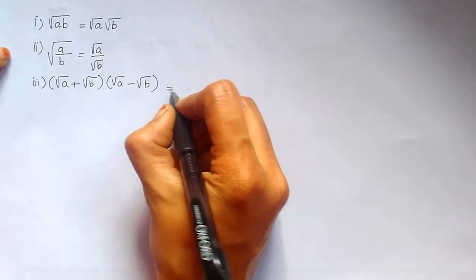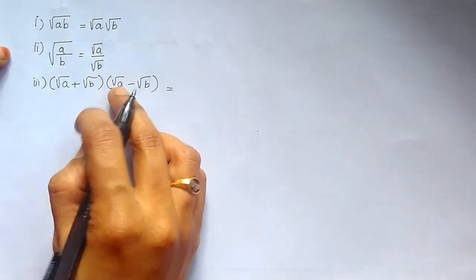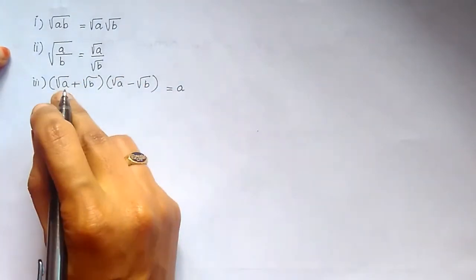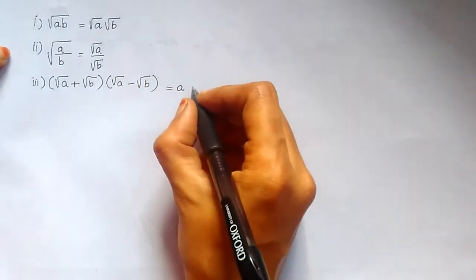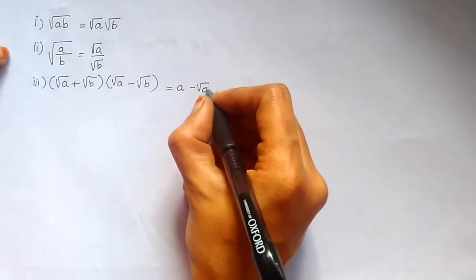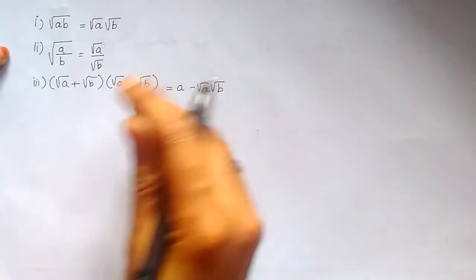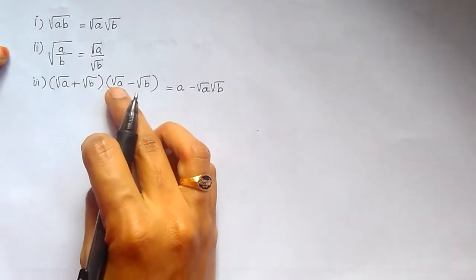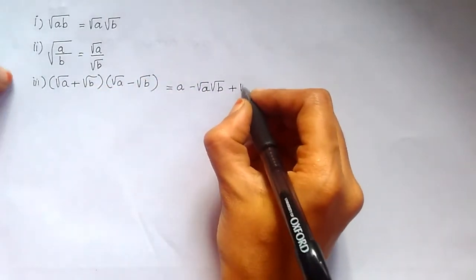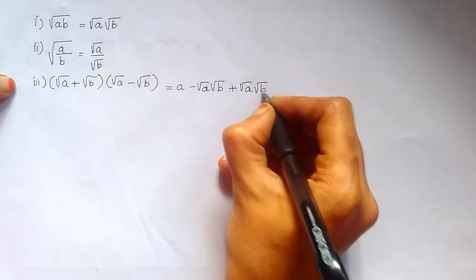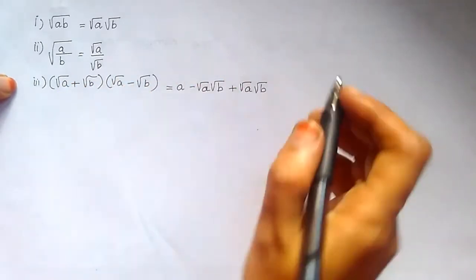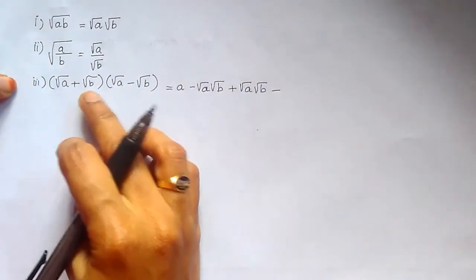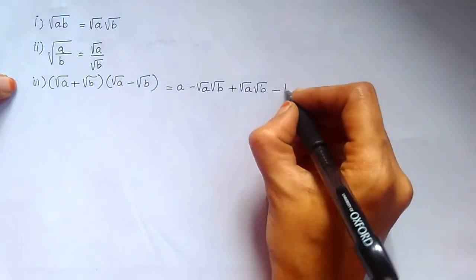Just multiply this one. Root a into root a, that is a. Root a into minus root b, minus root a into root b. Root b into root a, plus root a root b. Plus into minus, minus, root b into root b is b.